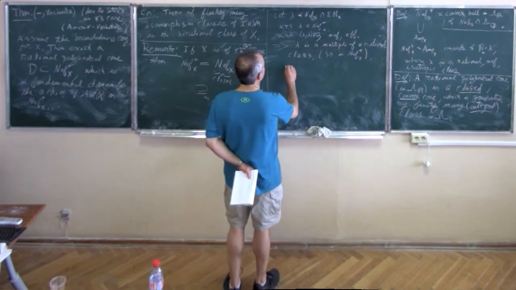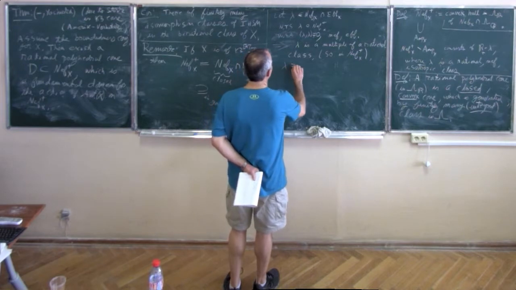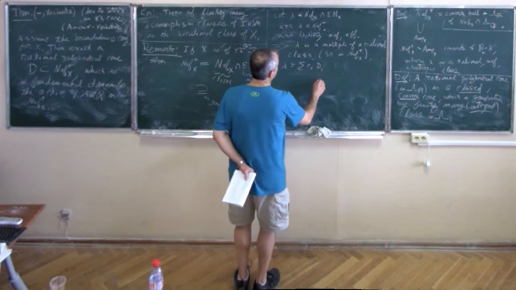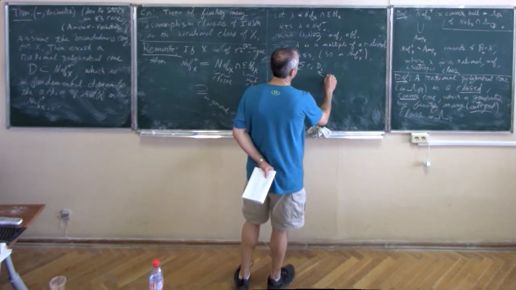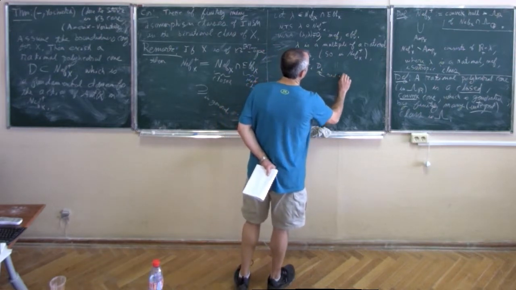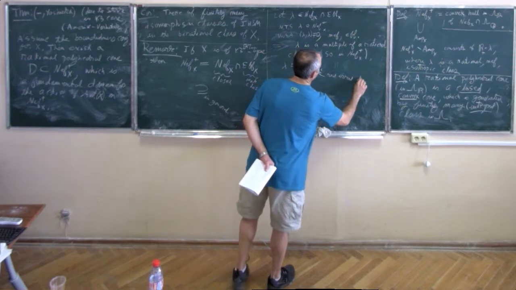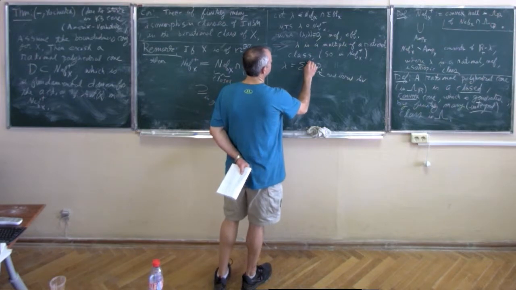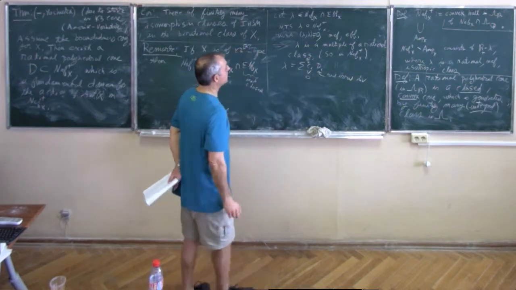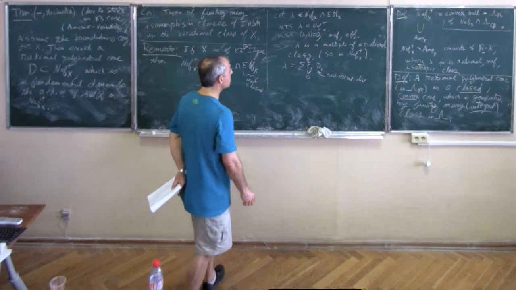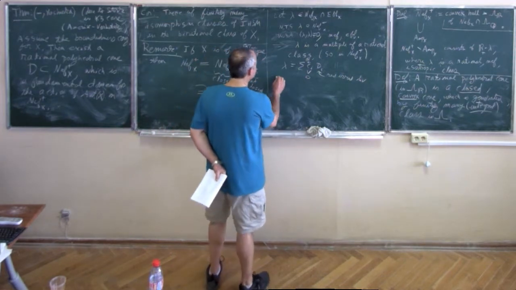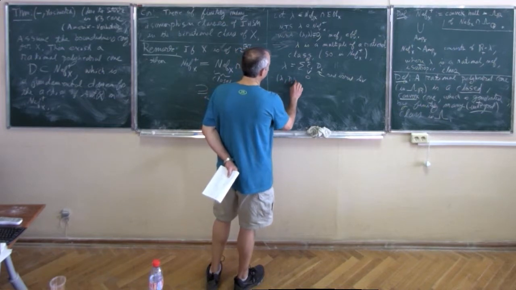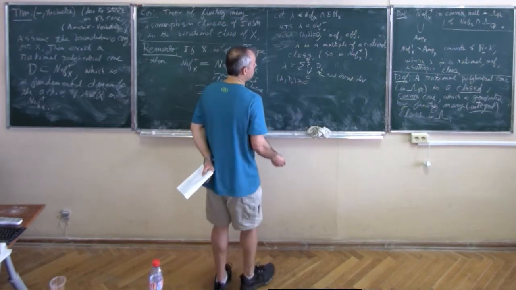Because lambda is equal to the sum of c_i D_i, where the D_i are reduced and irreducible prime divisors and the c_i are positive reals. So this is the effectivity. And now lambda intersect D_i is greater than or equal to 0, since lambda is NF.